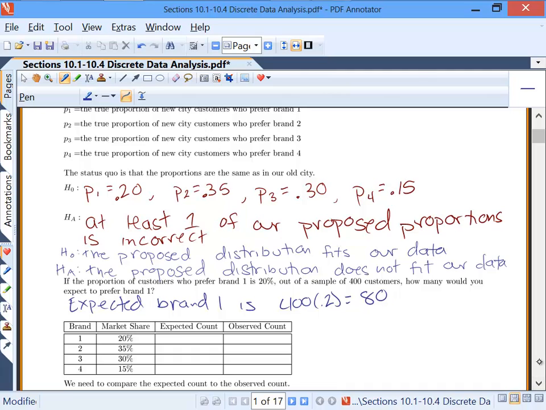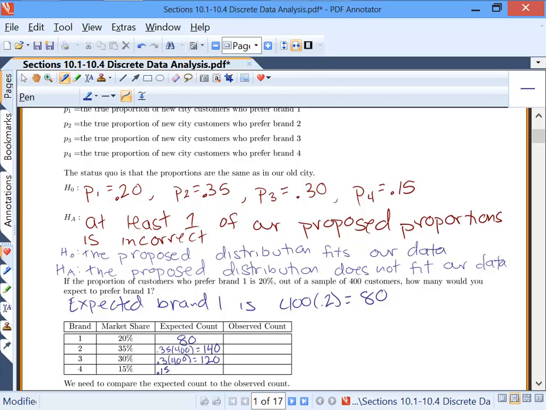So we can come down here for all of the 4 brands and find the expected count for each one. For brand 1 it was 80. For brand 2, we're going to do 0.35 times 400, which gives me 140. And 30% times 400 gives me 120.